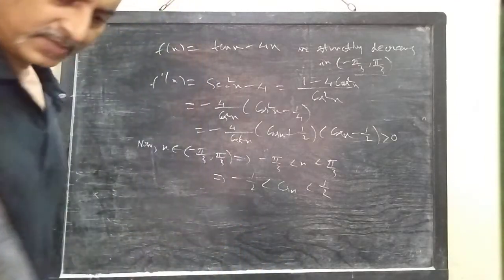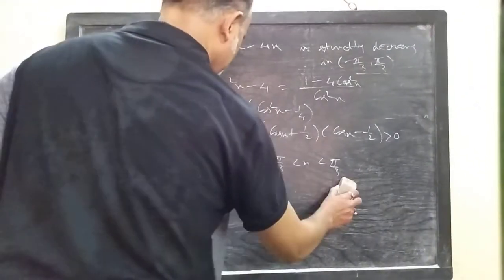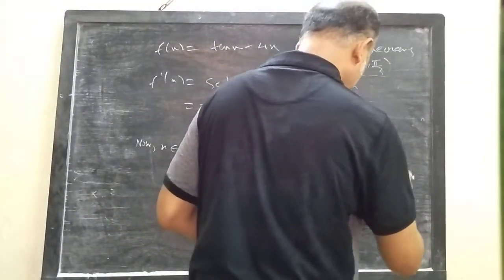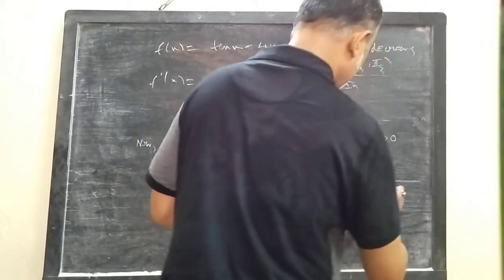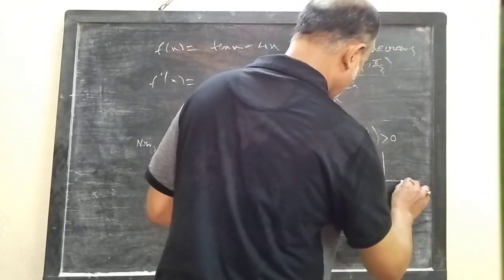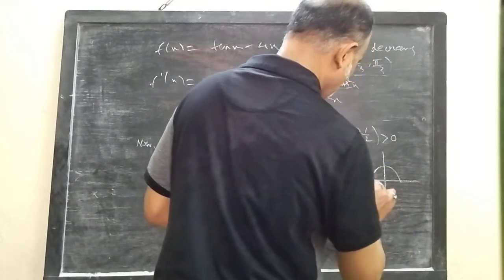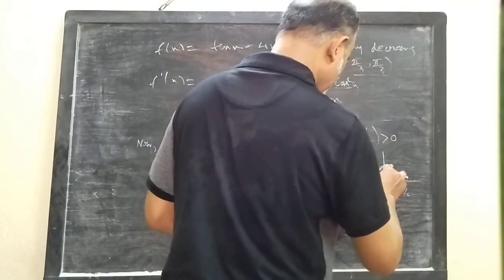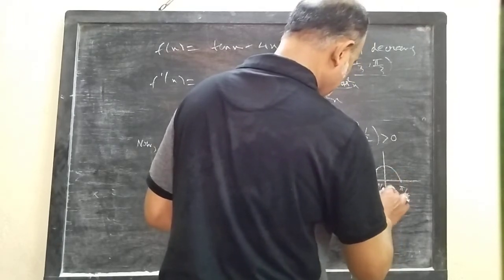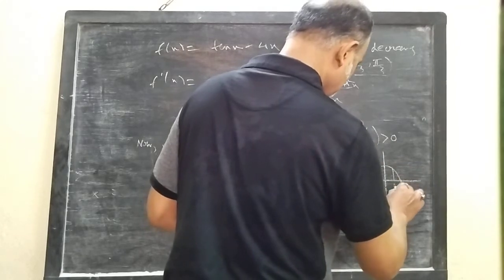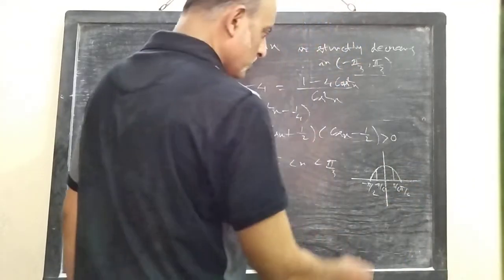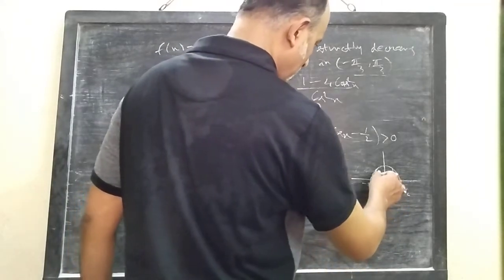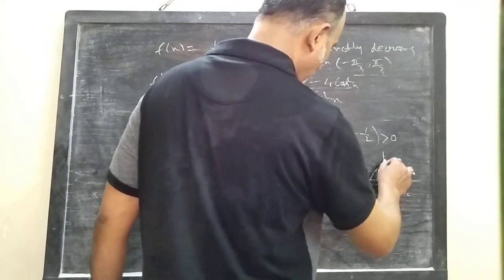No, there is a mistake. Let us draw the graph here. Graph is very useful every time. This is minus pi by 2, this is plus pi by 2. So here it is minus pi by 6, here it is plus pi by 6. So when x varies between minus pi by 6 and plus pi by 6, the value of cos x varies between half and 1.